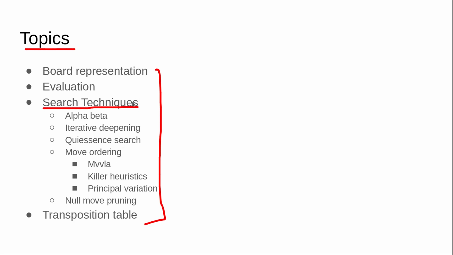Your engine should be able to search the important nodes first by following good pruning techniques, and should be able to determine which move to play. Those are the more important things to follow rather than evaluation, board representation, and the other things that have been listed over here.